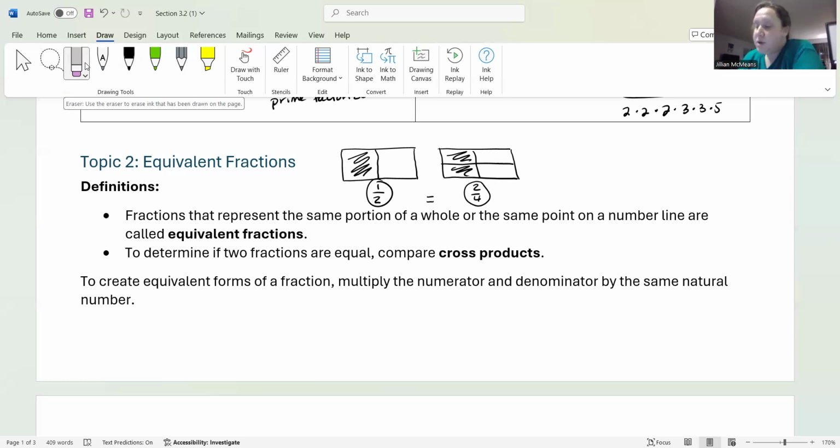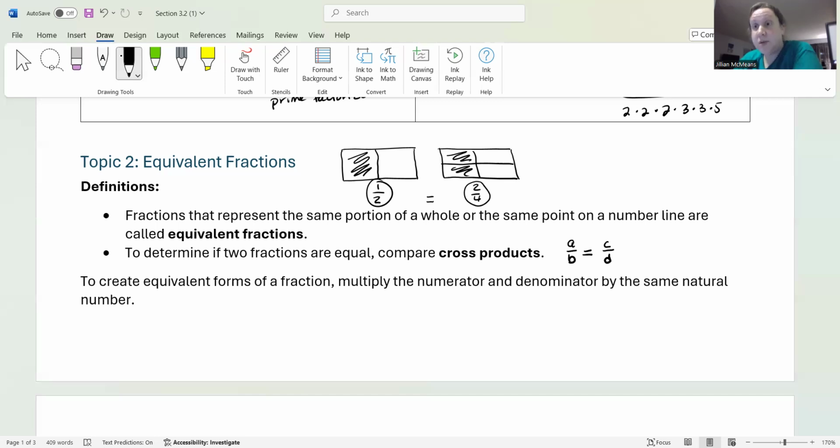Now, to determine if two fractions are indeed equal, we compare something called cross products. To explain cross products at this point in your math career, it's easier to show you. If we had two fractions, let's say a over b, and we're claiming that a over b is exactly equal to c over d, there's a quick way we can check.